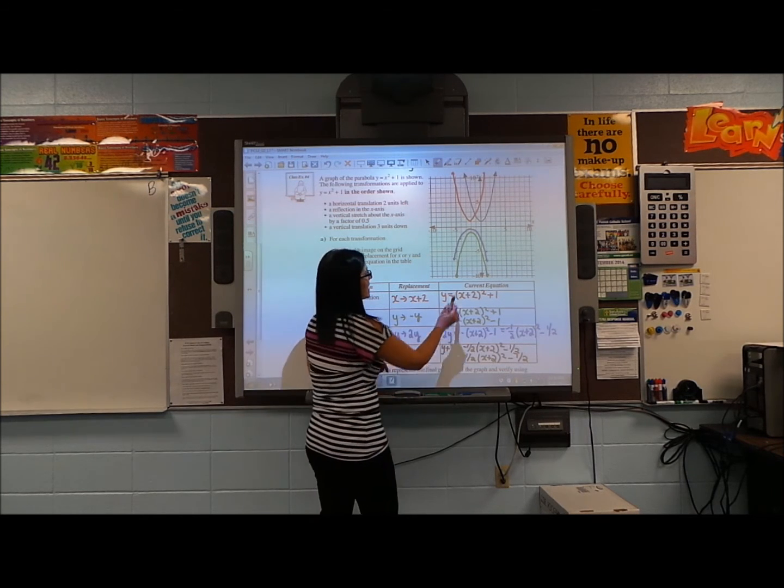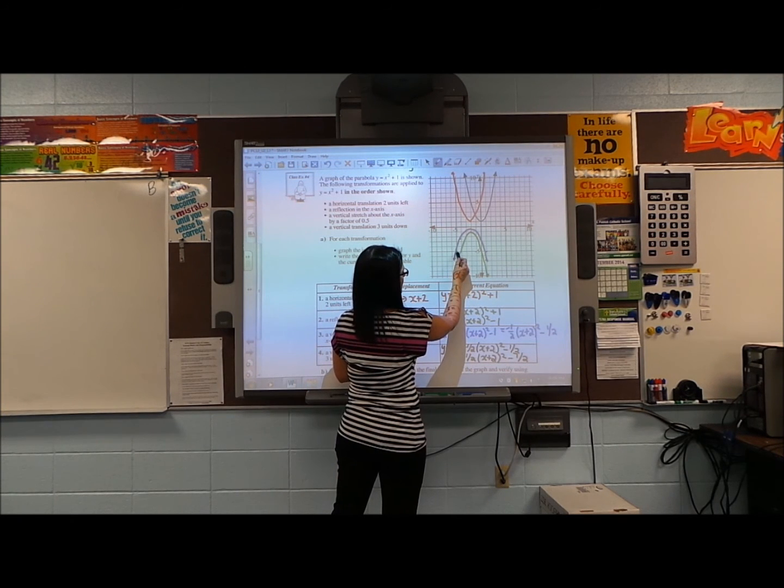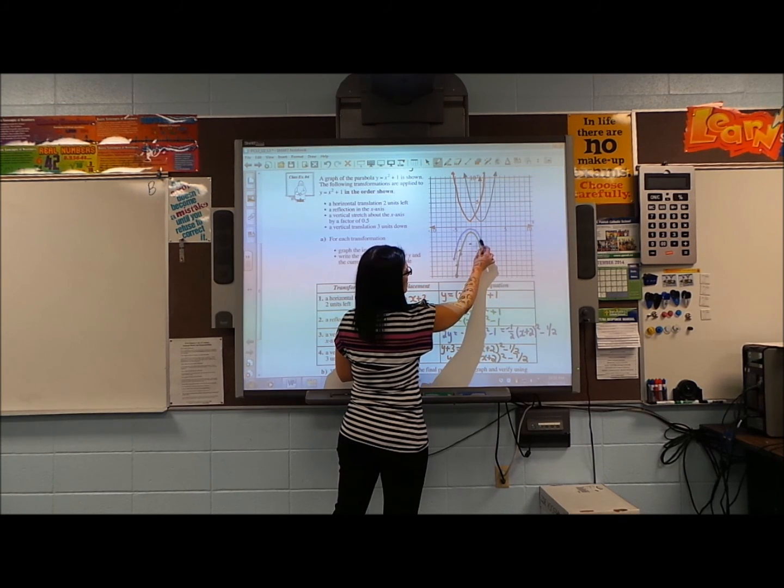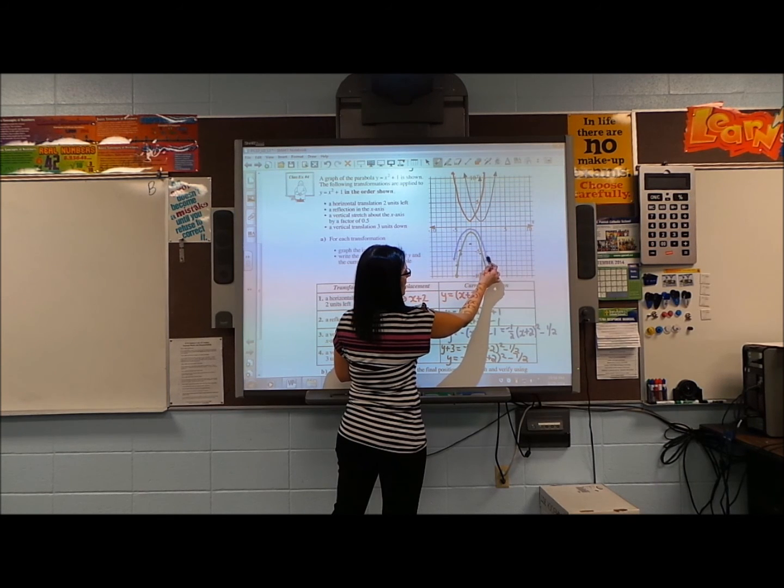So now I'm going to move these points here 3 units down. So this point goes 3 units down. 1, 2, 3 units down, 1, 2, 3 units down, and 1, 2, 3 units down.